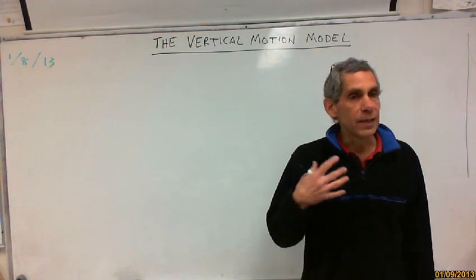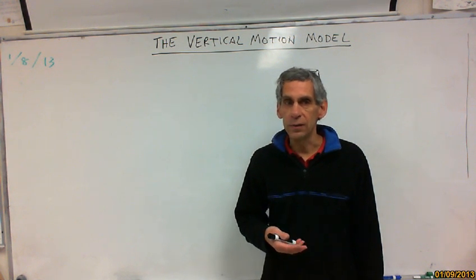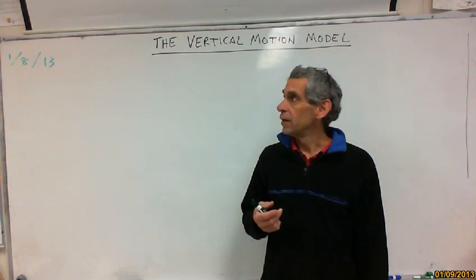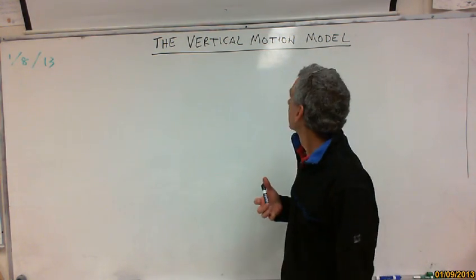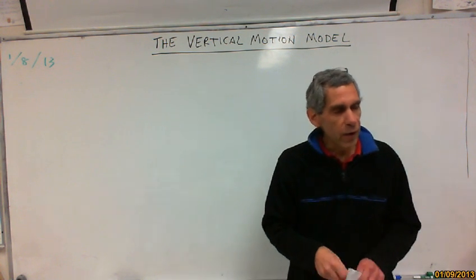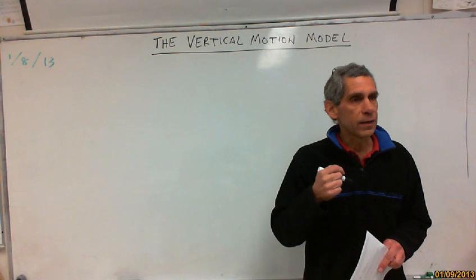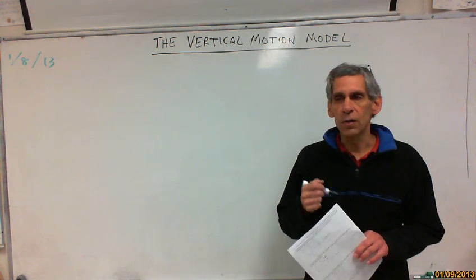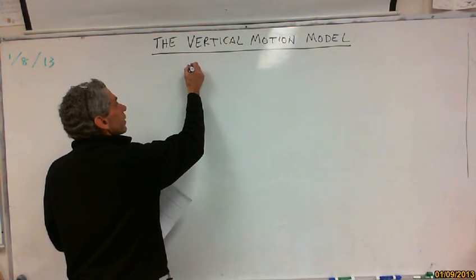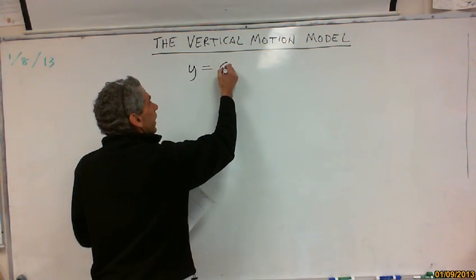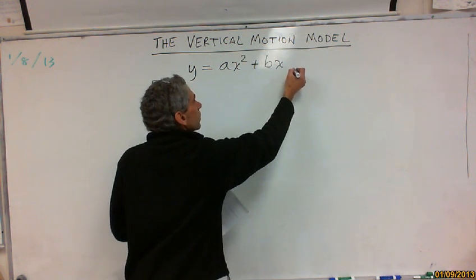Just to begin, it's sort of an introduction to how you might use parabolas in real life. And there's an amazing formula called the vertical motion model. Before I actually write that formula, I want to talk about a typical quadratic equation, which would be like this: y equals ax squared plus bx plus c.